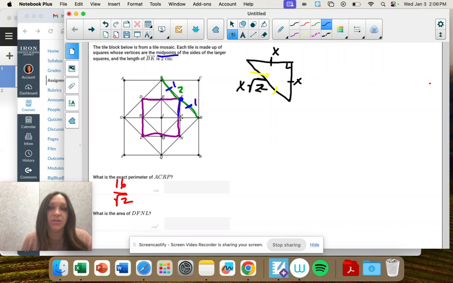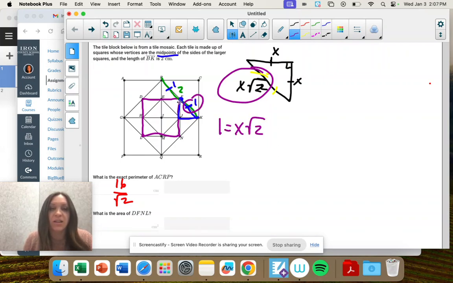So I have a little triangle here where I know the hypotenuse is 1. 1 equals x times the square root of 2. That's going to give me my legs right here. So divide both sides by square root of 2. All right, this length is 1 over the square root of 2.